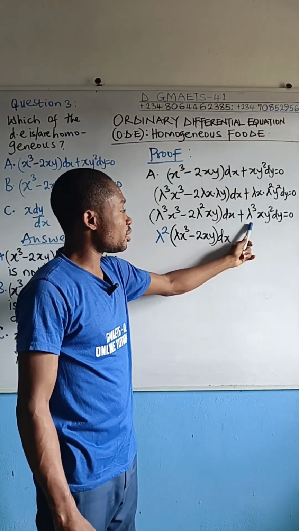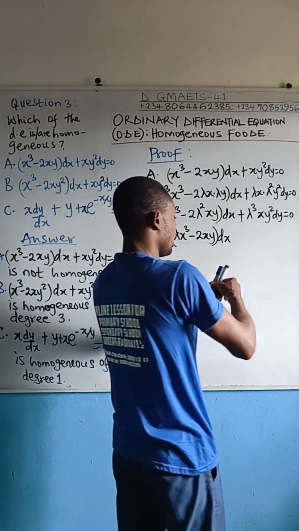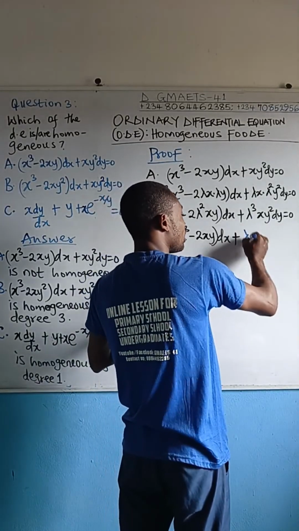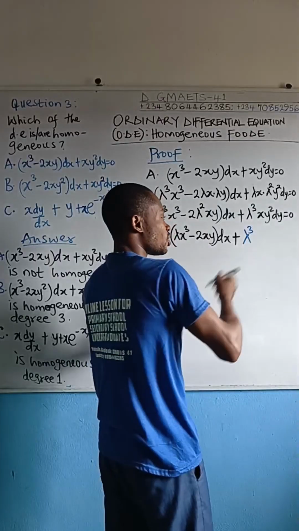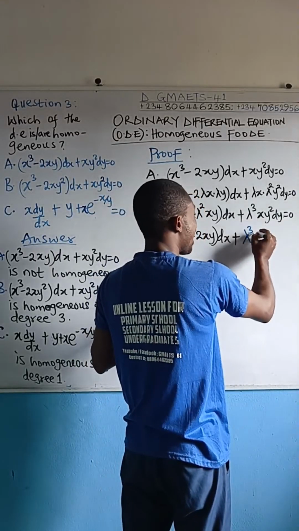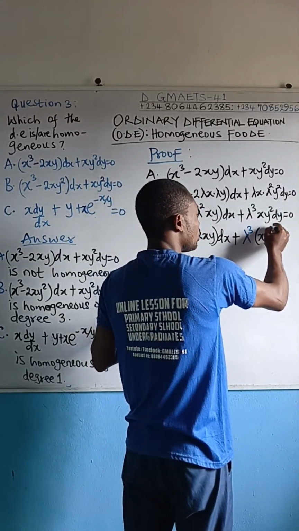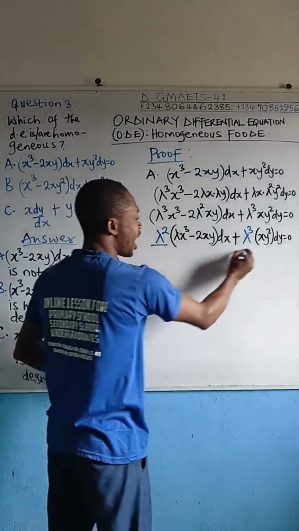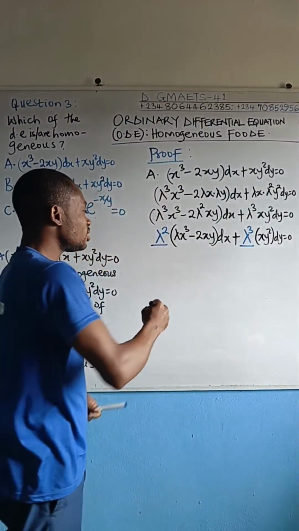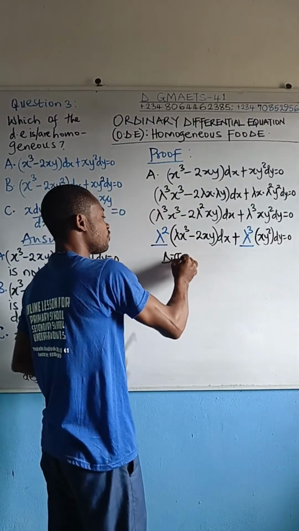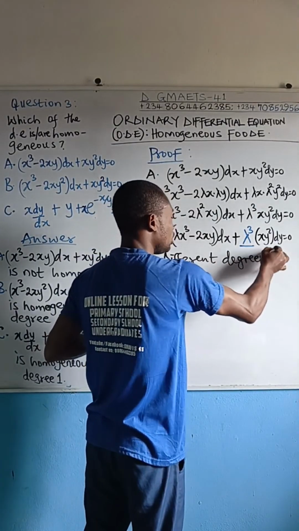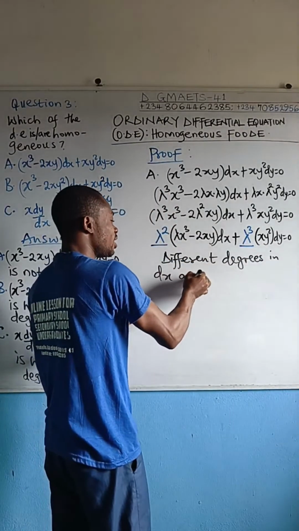Then come to this term. You see clearly that you have lambda there. So this is going to be plus lambda raised to power 3. That's the only lambda you have here. Lambda cube is what you have in this dy part. So if you check, you would see that the degrees are different in dx and dy.